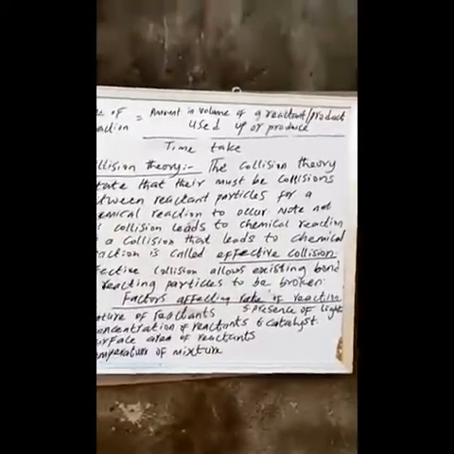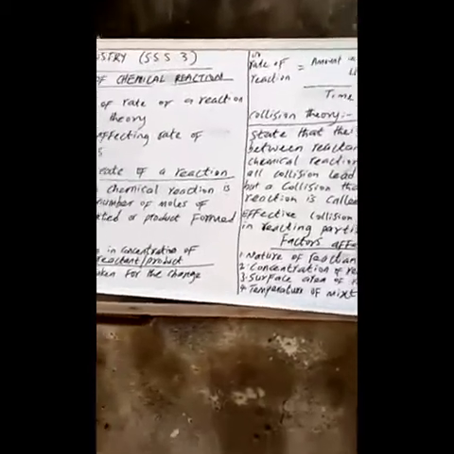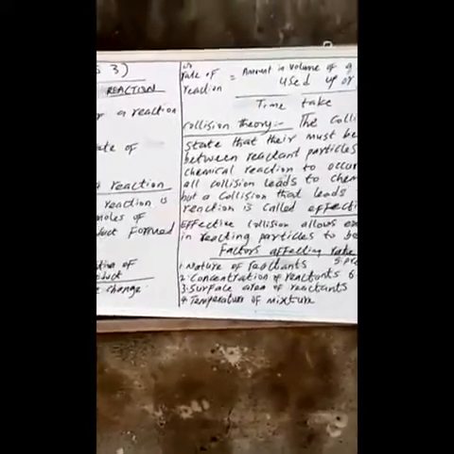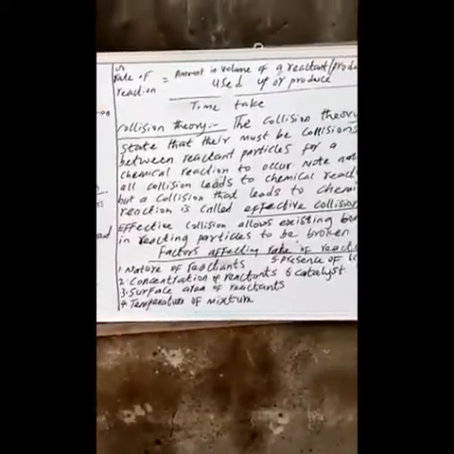In reacting together, they would tend to collide with one another. And bearing in mind that the average kinetic energy of the particles of the reactant varies from one particle to another, for a reaction to occur, the reactant particles must collide with one another.